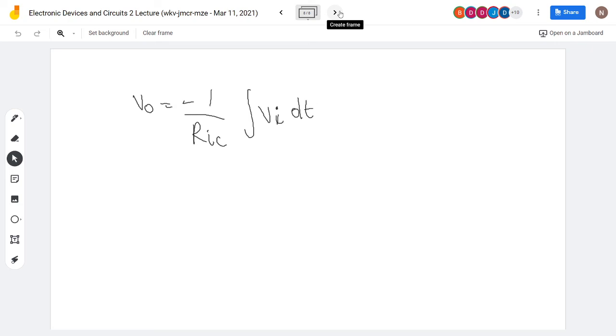So we are going to now write that the output voltage, and we're going to put in values now. Based on what was given, we're going to put in values in that expression. So we're going to write VO equals minus 1 over R. What was the value of R and what's the value of C? I can remind you.